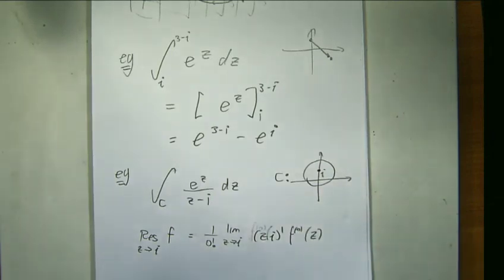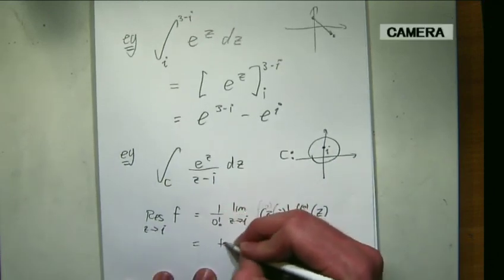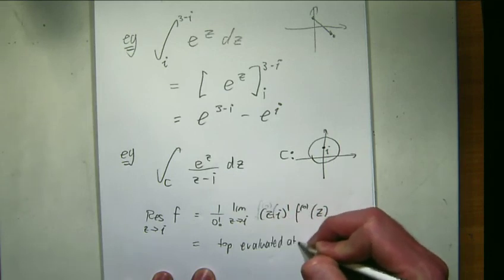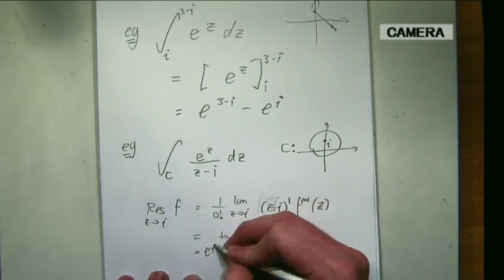That's the formula. I know that there's one for a single one, but I don't know it well enough. So basically that's saying that it should be just the top of my function evaluated at i, right? Which is e to the i.